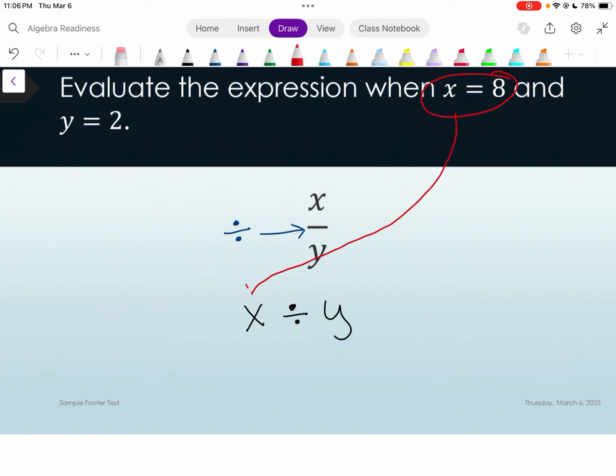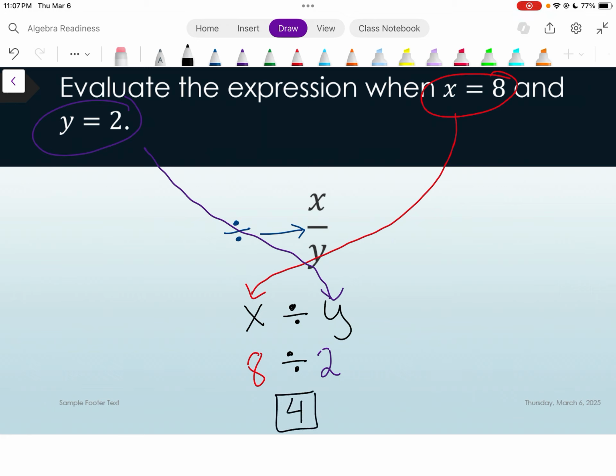Our x value is 8. Our y value is 2. Once we plug those numbers in, we have the problem 8 divided by 2. Then we solve because we have all of our numbers. 8 divided by 2 equals 4. Good.